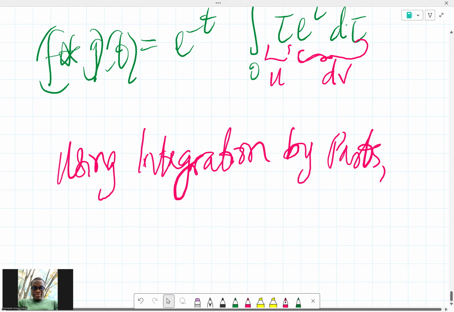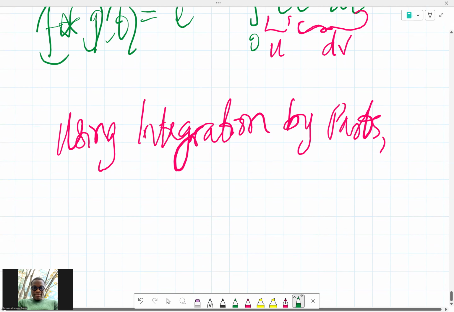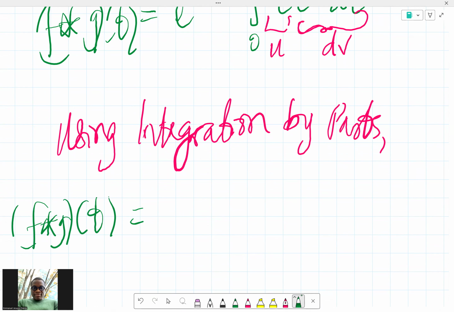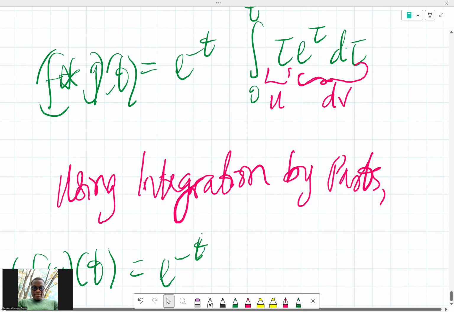If that is the case, we can say that f convoluted with g in time is e raised power minus t there, integral.